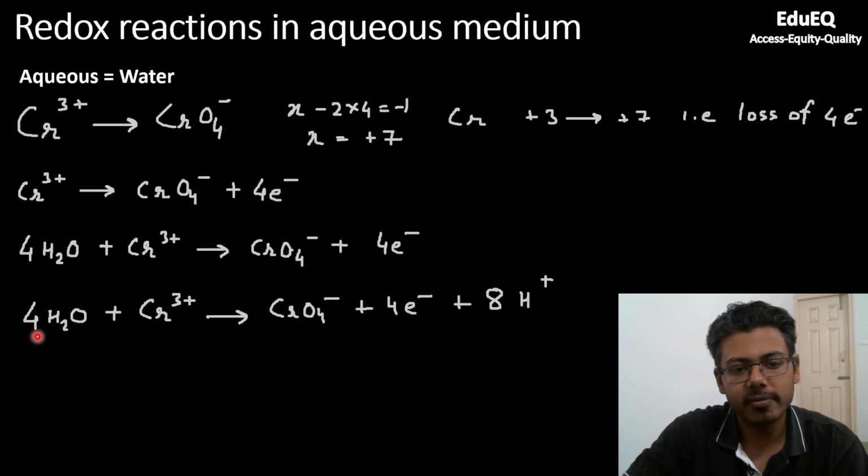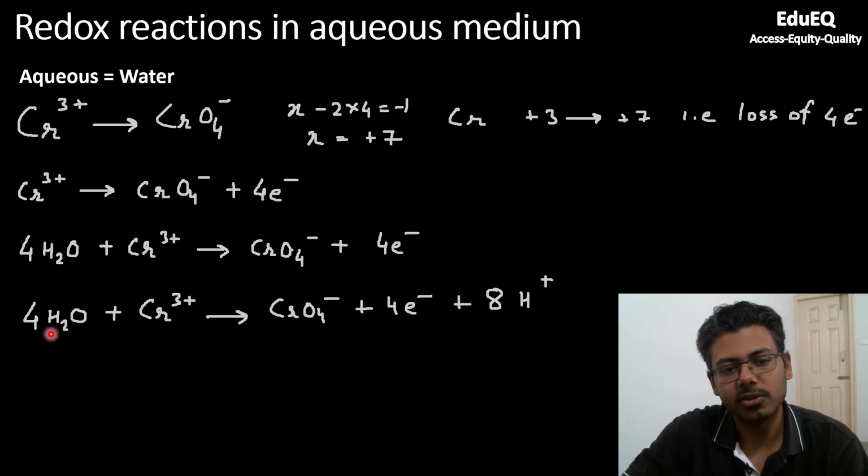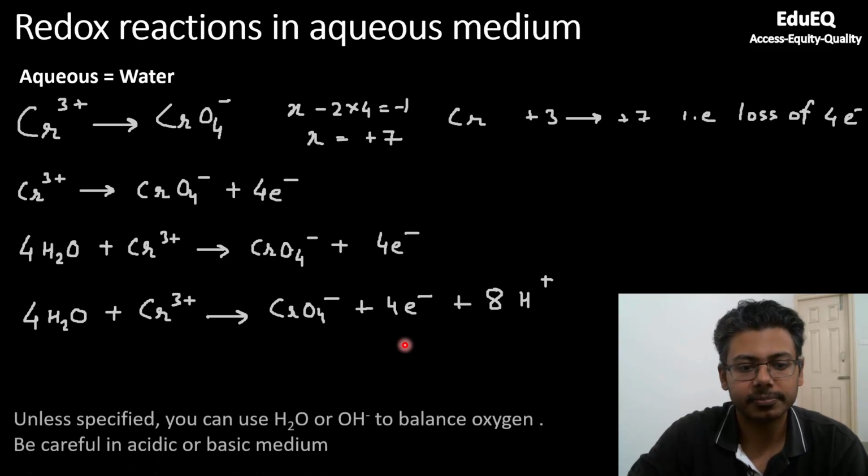Now, in the process of adding water, you have added hydrogen also. So you have 8 hydrogen here, so you should add 8 H plus ions here. Now you have a balanced reaction, right? Hydrogen, chromium and oxygen are all balanced. So this is more or less a balanced reaction.